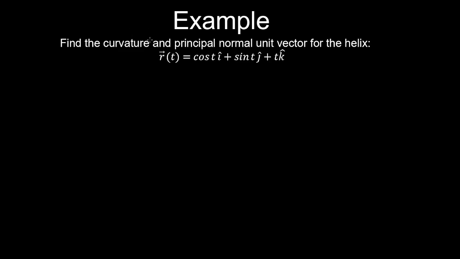Find the curvature and principal normal unit vector for the helix. So the curvature is the reciprocal of the speed by the derivative of the tangent vector with respect to t, given that the parameterization is in terms of the parameter t.